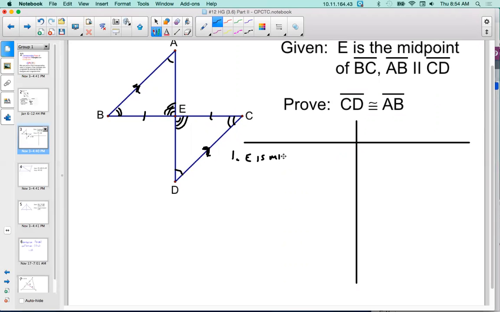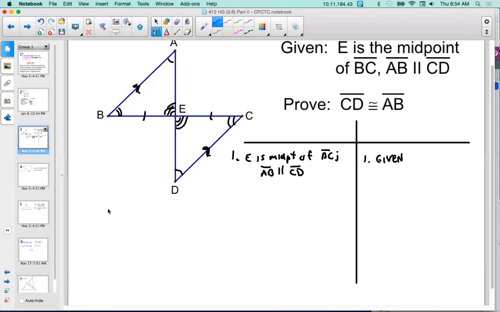E is the midpoint of BC. I'm going to go ahead and put the other statement right here with it. And AB is parallel to CD. Okay. Given.